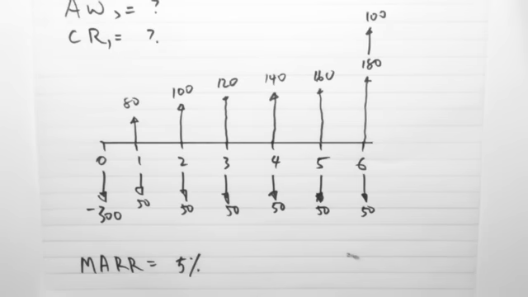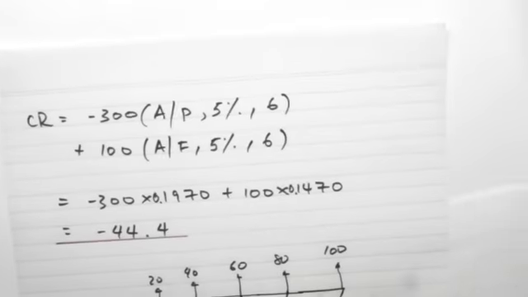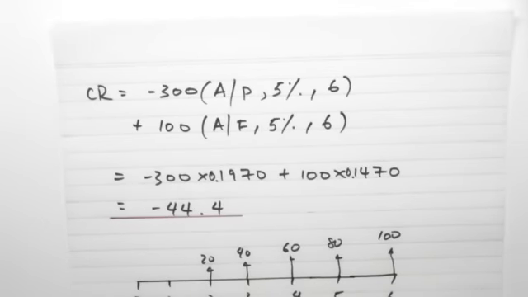So the first thing I'm going to go through is the capital recovery. That is essentially going to help us convert our initial investment and our salvage value into an annuity. Capital recovery is just the initial investment as an annuity plus the salvage value as an annuity.